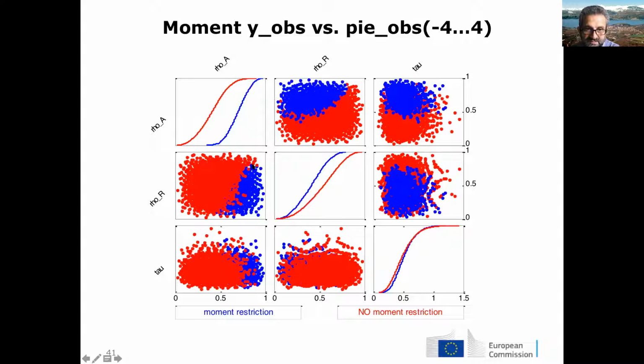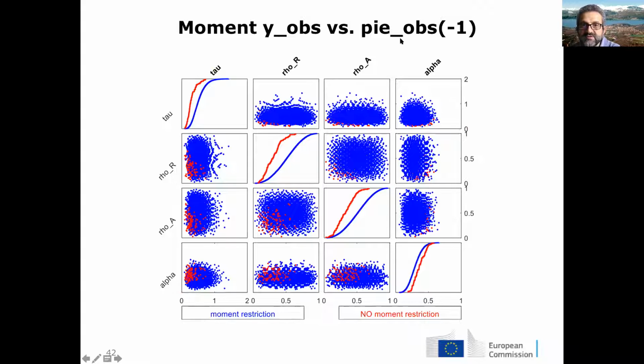Here it is a bit more difficult because the red cloud covers a large space of the blue, but if you combine large rho A with small rho r, so if you pick some numbers in this region, you get what you like in the moments.